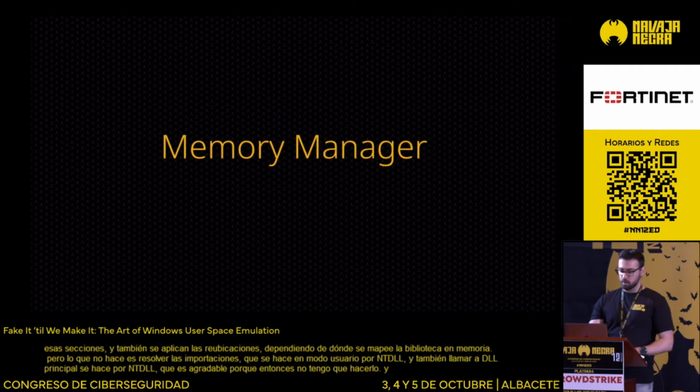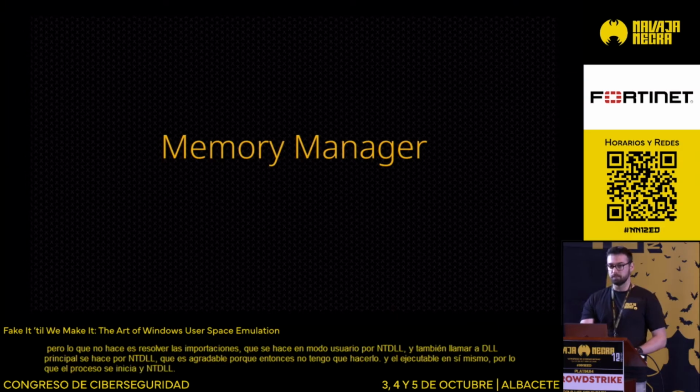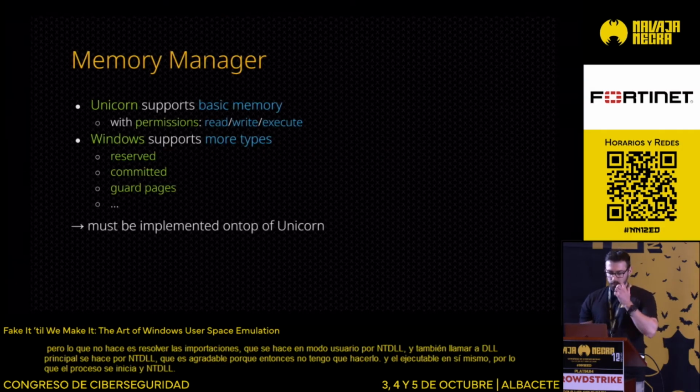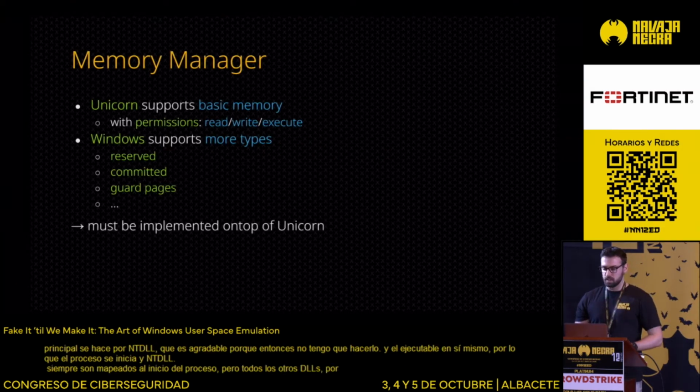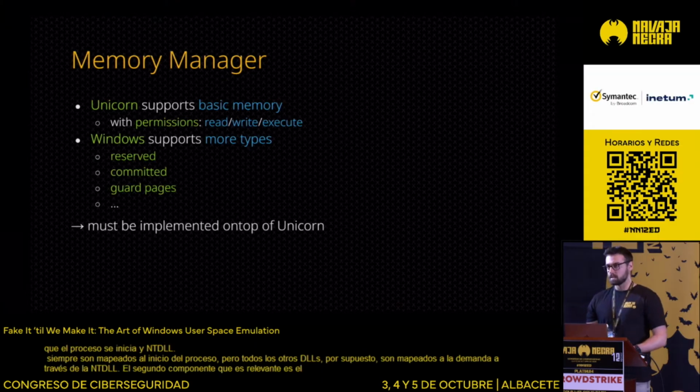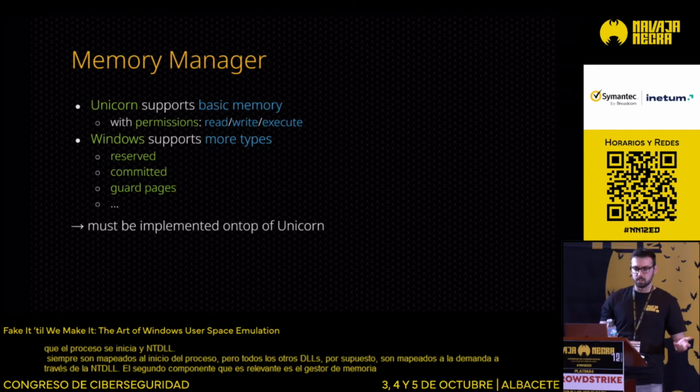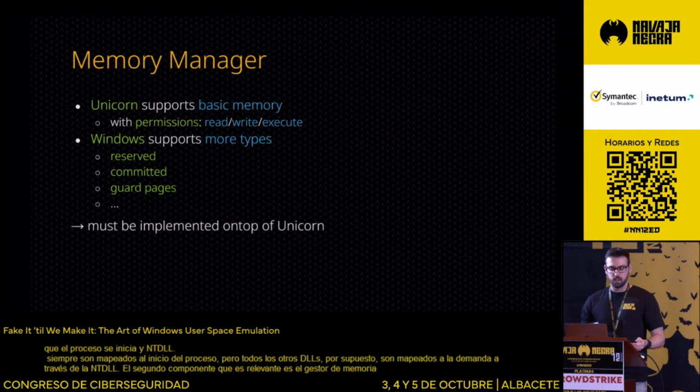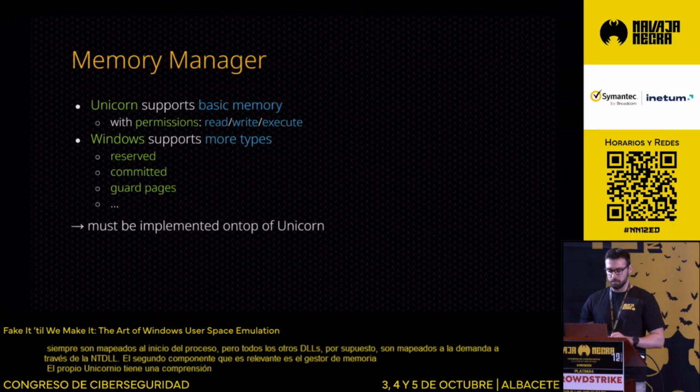The second component that's relevant is the memory manager. Unicorn itself has a basic understanding of memory, so it knows what memory is. It can map memory ranges, and it also supports permissions like reading, writing, and executing. But there are a lot more types of memory that exist in Windows.